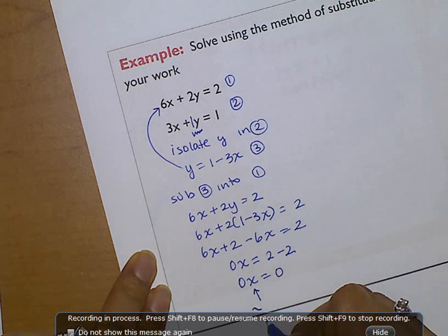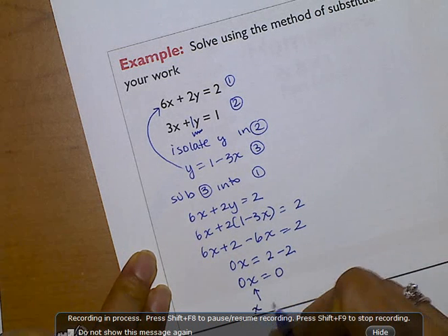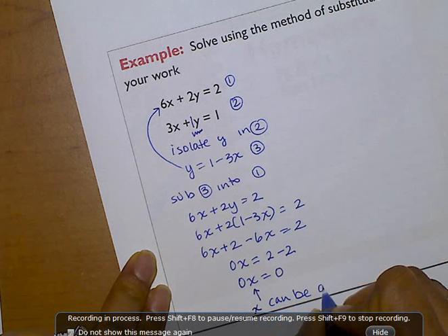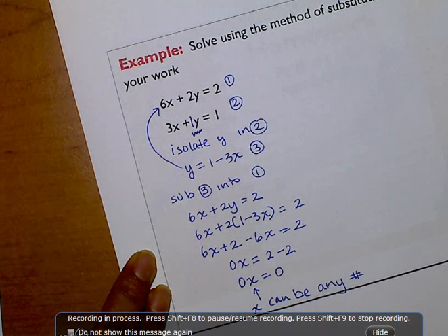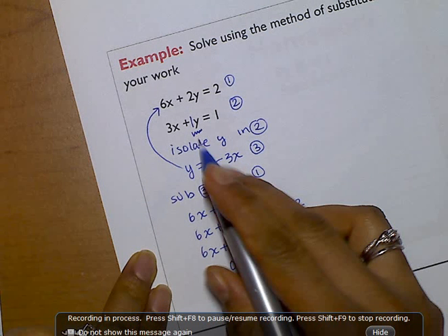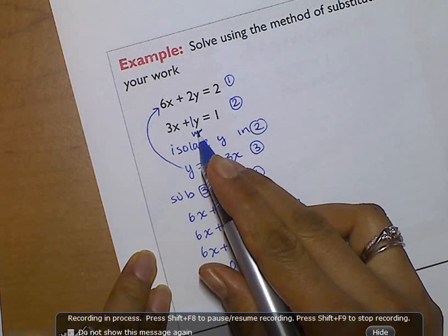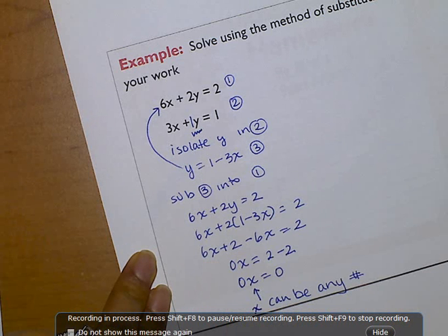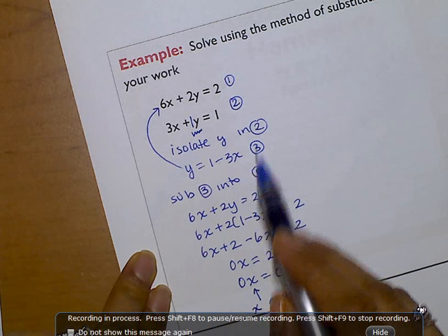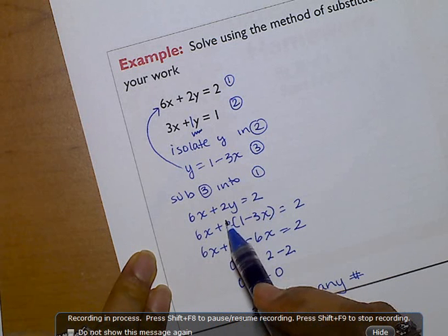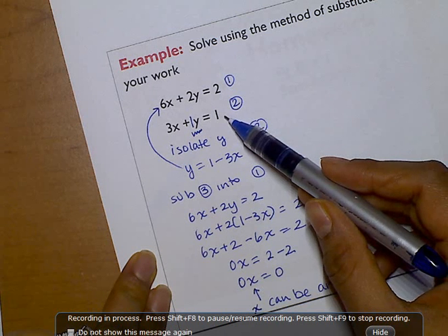I just want to make sure that I did this correctly. Yes, this is correct. That means y can be any number. The reason is that if you look at the second equation, the first equation is basically a multiple of my second equation.